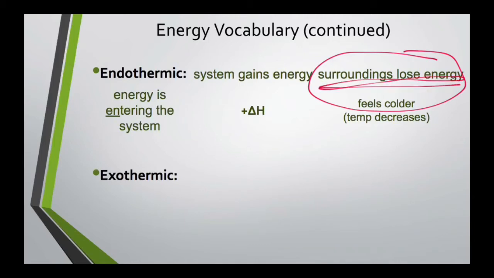And if you feel your hand losing energy, like the surroundings are doing here, that means you're going to be feeling less heat, which means that it is going to feel colder, or that thermometer is going to read a temperature decrease because the energy is going away from the surroundings, away from you.